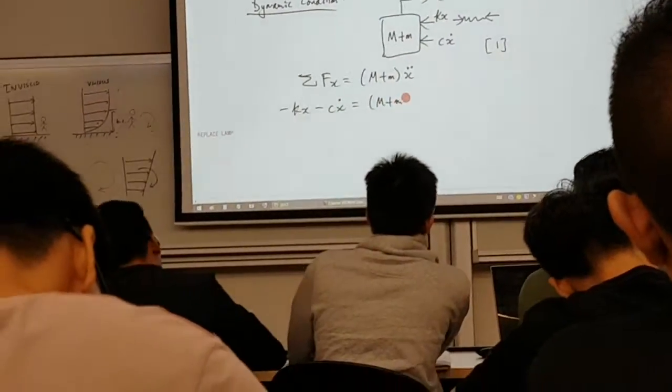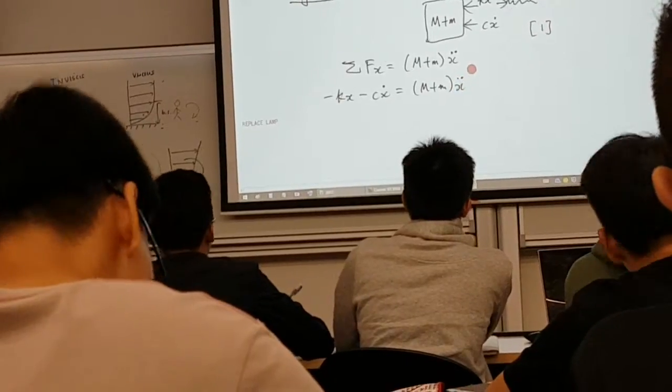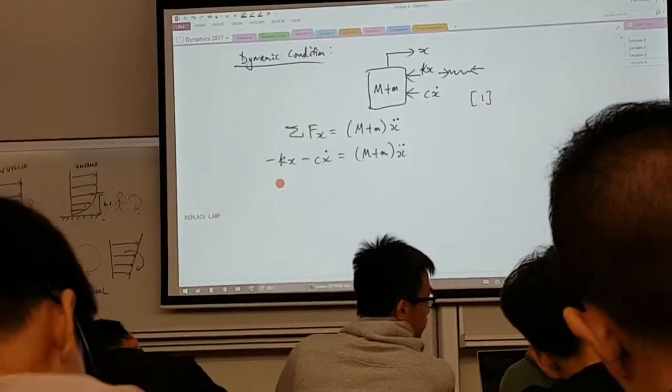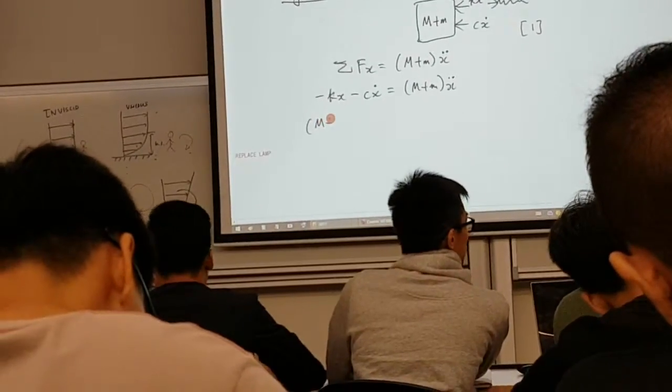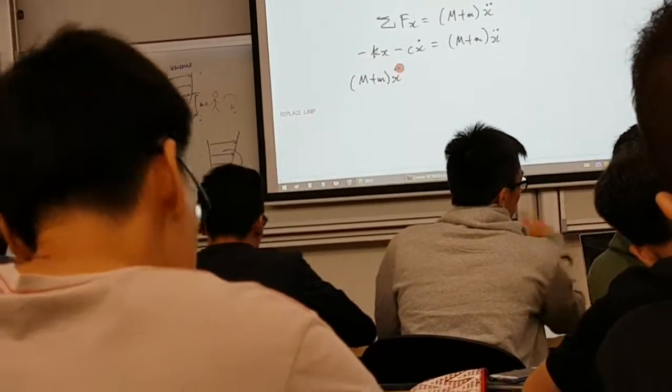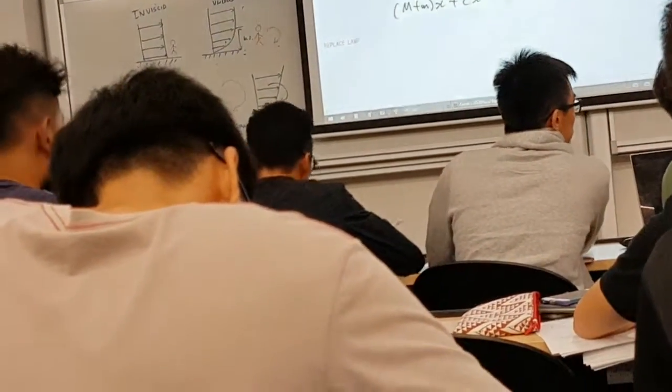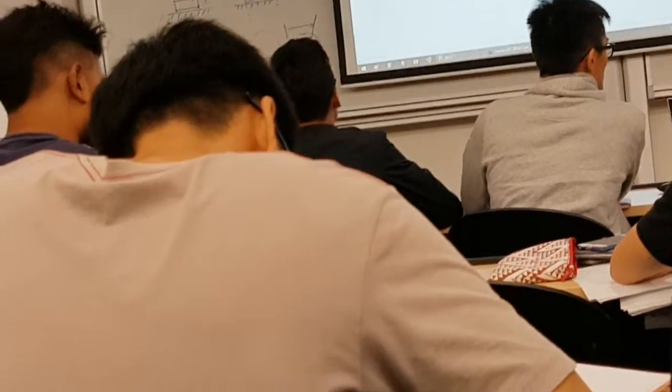So I can express it into the following form: (M plus m) x double dot plus c x dot plus kx equal to 0.